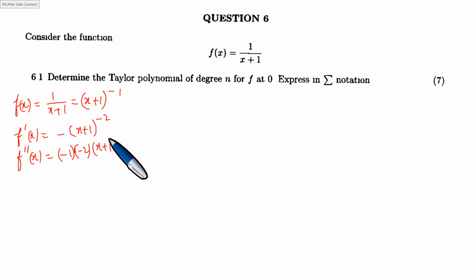We're effectively using the chain rule of differentiation at this point. The third derivative: minus 1, minus 2, minus 3.